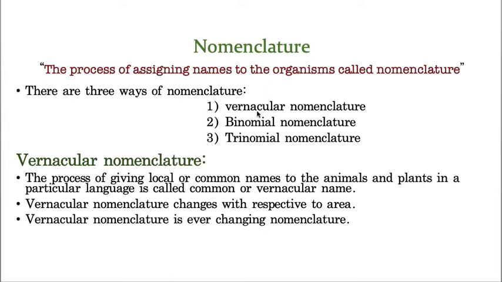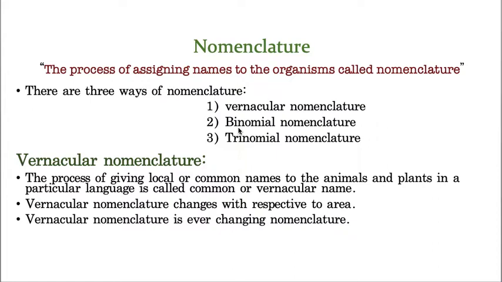The first one is vernacular nomenclature, the second one is binomial nomenclature, which is a very important one. Scientists who work in taxonomy must be called taxonomists. Hope you understand.